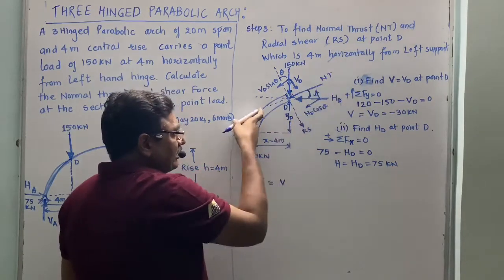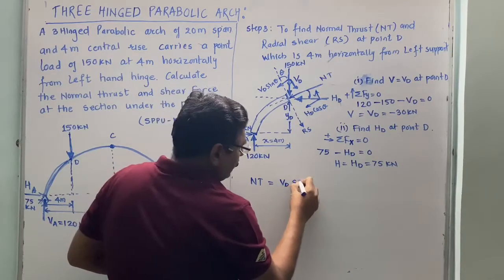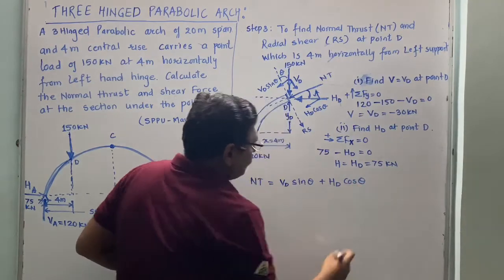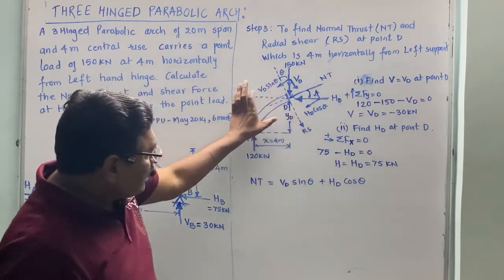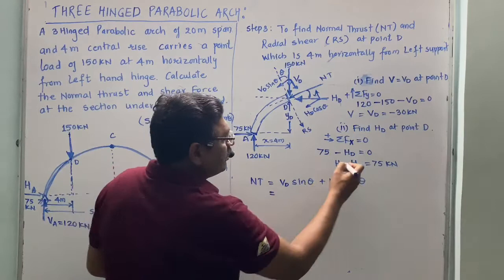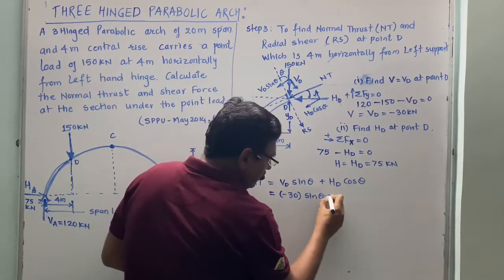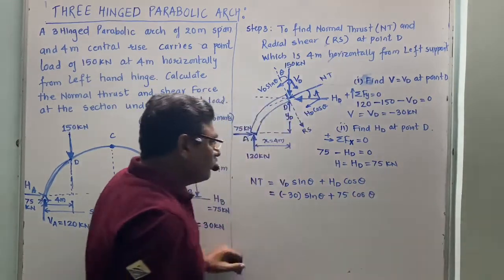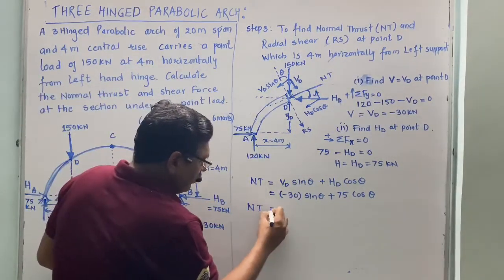Both forces are in the same direction as the normal force, so we can write VD sin theta plus HD cos theta. Both are positive because your normal thrust is in the leftward direction and both forces are in the leftward direction. We put the value of VD: minus 30 sin theta plus HD 75 cos theta. Once you get the value of theta, you can easily get the value of NT. So let us keep it unknown.